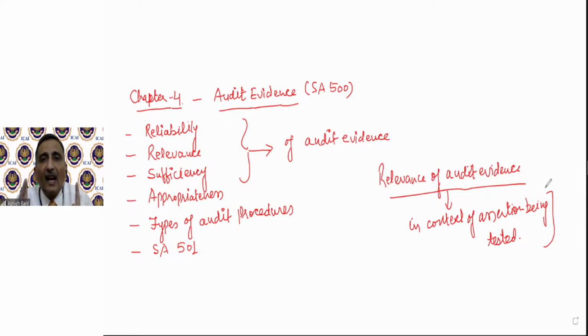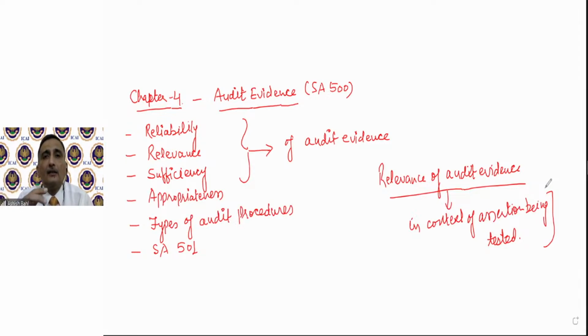So students, आपको इन दो बातों का मतलब समझ में आ गया? Reliability of audit evidence and relevance of audit evidence. Relevance of audit evidence is concerned with the kind of procedures which the auditor is deploying.